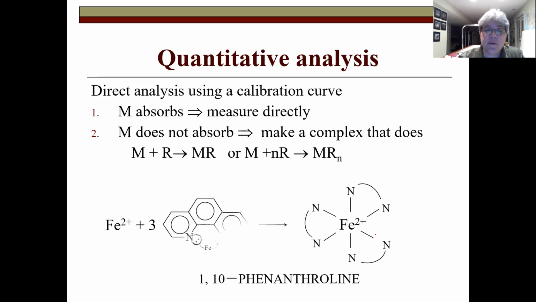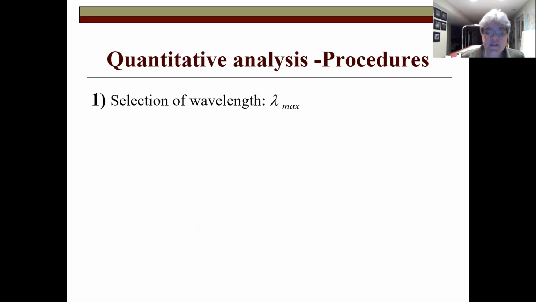An example would be iron 2 combined with 1,10-phenanthroline. It makes a complex that absorbs very strongly, while iron 2 absorbs very weakly. So now we can measure this complex and use that to determine how much iron 2 is in the sample.